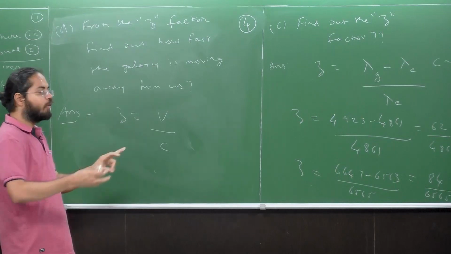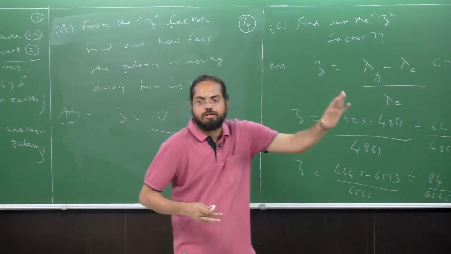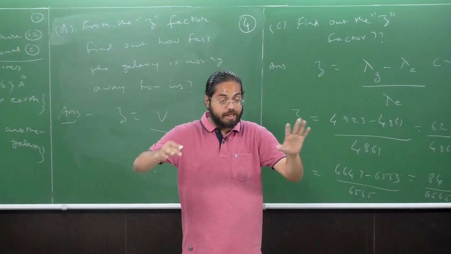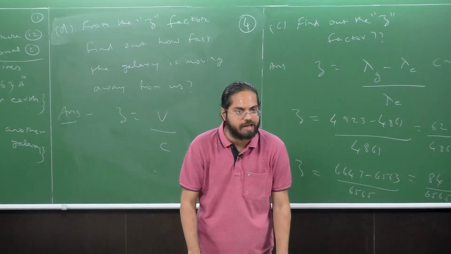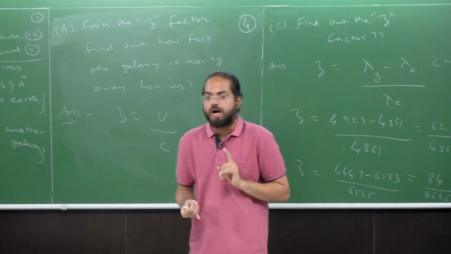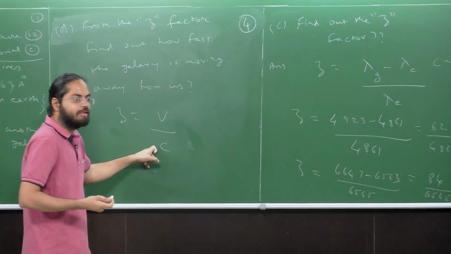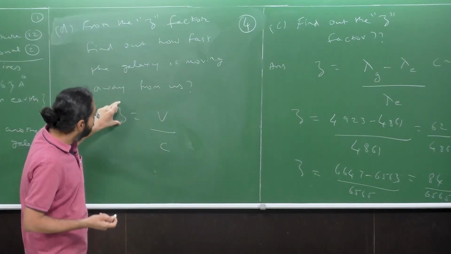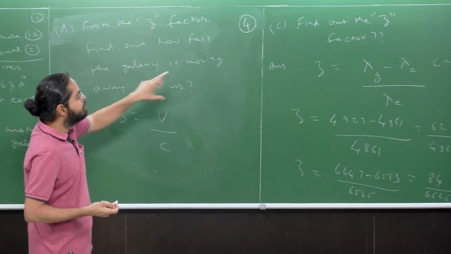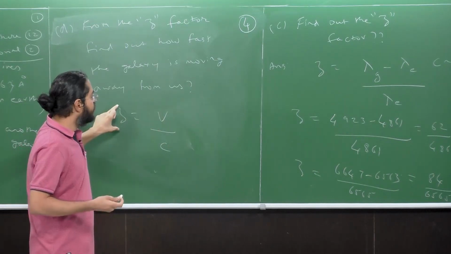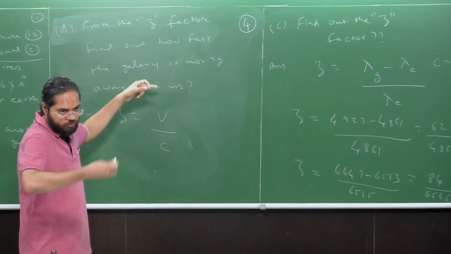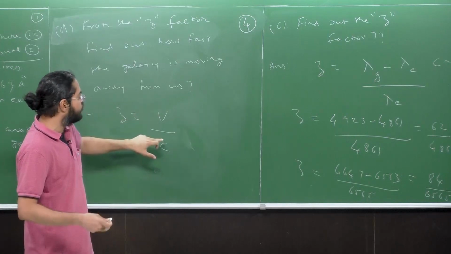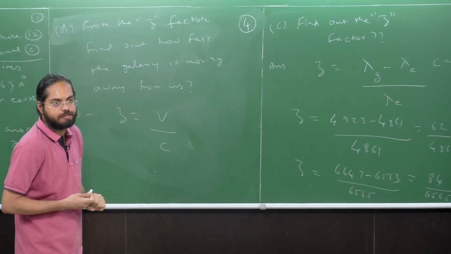Logically, it cannot be, because nothing exceeds the speed of light, right? That is our current understanding of cosmology. Based on our current understanding of cosmology, nothing can exceed the speed of light. So, because Z contains no units, and this is also meters per second in SI units, they get cancelled out. All right?